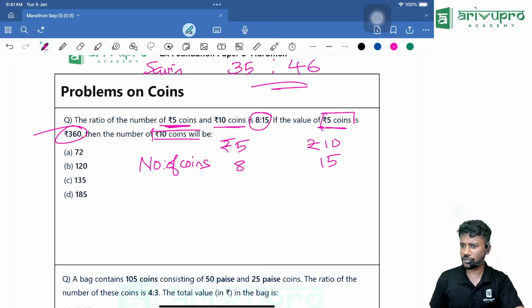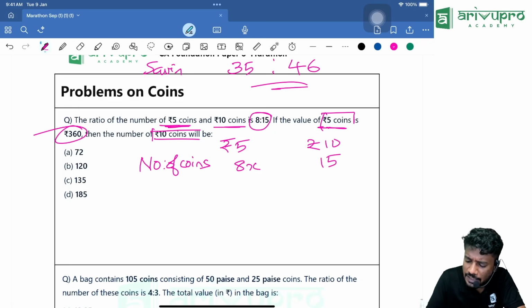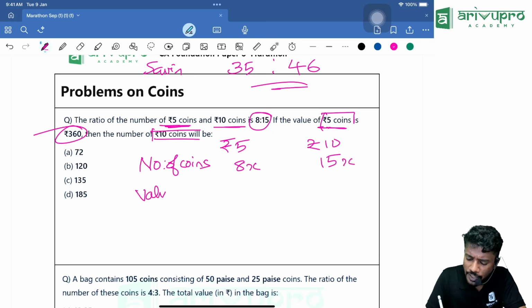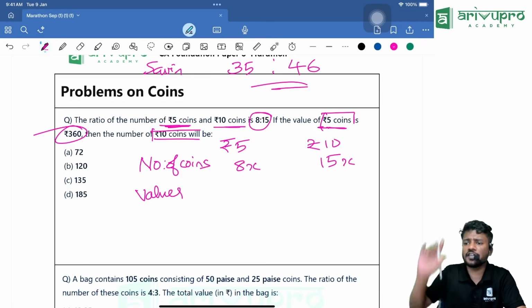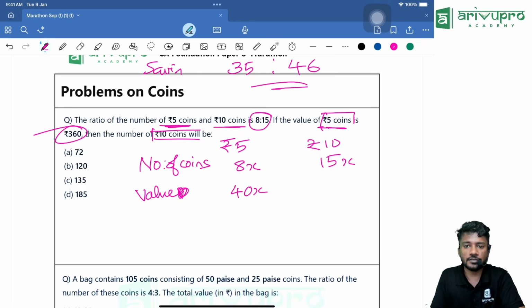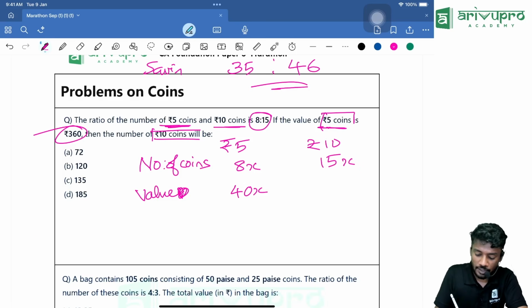How to do this? According to our question, can I write the number of coins as 8x and 15x? Then the value will be how much? If 8x 5 rupee coins are there, the value will be 5 into 8x, that is 40x. If you have 10 5 rupee coins, the value is 50.